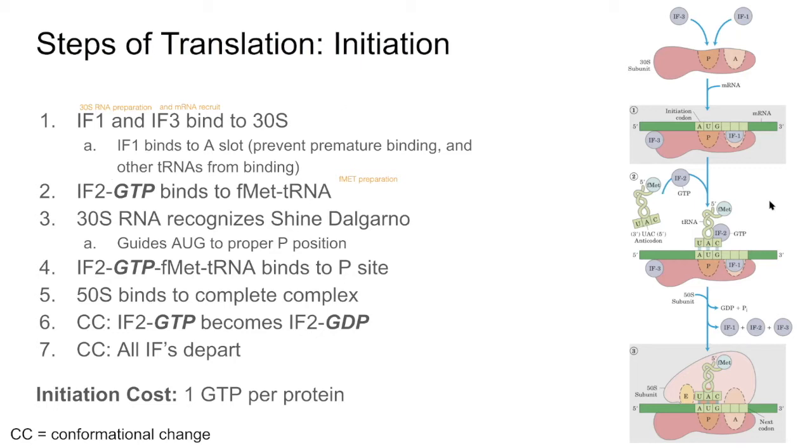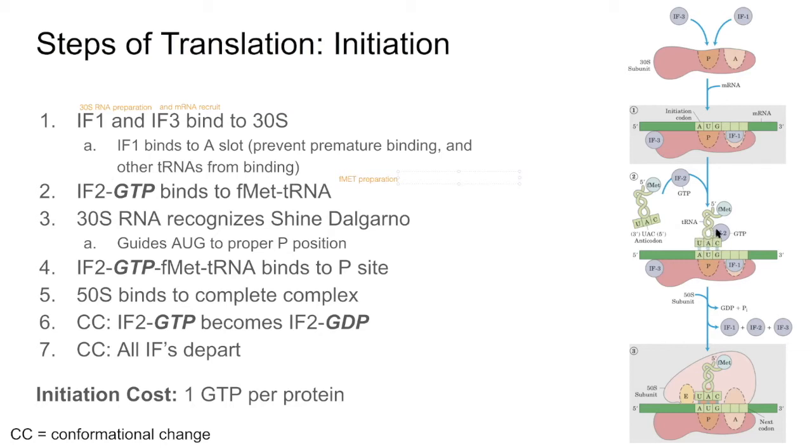So IF2-GTP binds to fMet, and as a result, after that binding, it brings it to this newly made complex that we have. That guides the fMet tRNA-IF2 to the proper place at the start codon, AUG.